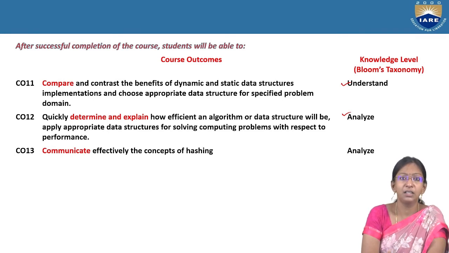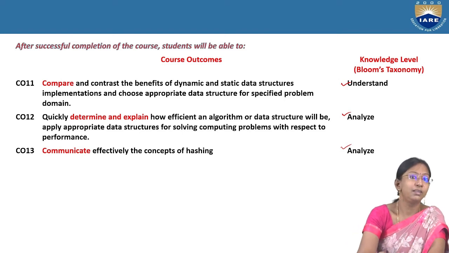Many techniques are there: quadratic probing, linear probing. You will be able to understand those concepts and analyze them. So for a given problem, which is the best suited hashing technique, and if a collision arises, how to resolve it, that you will be understanding.